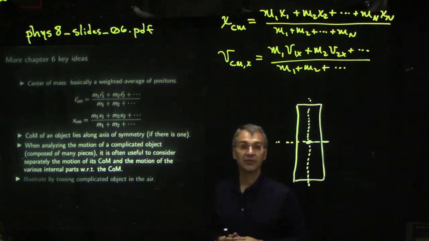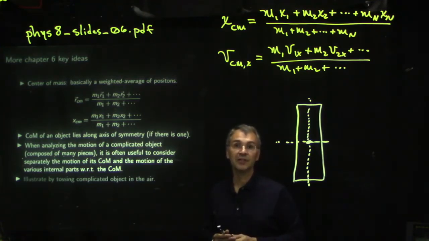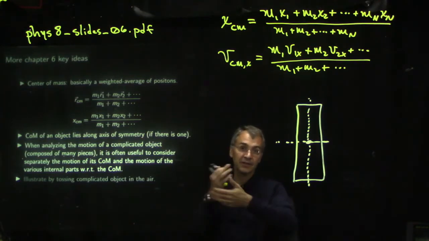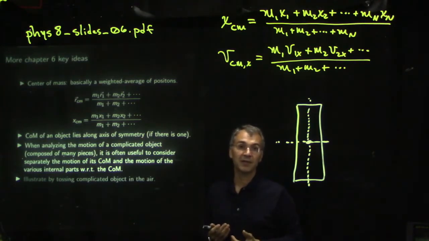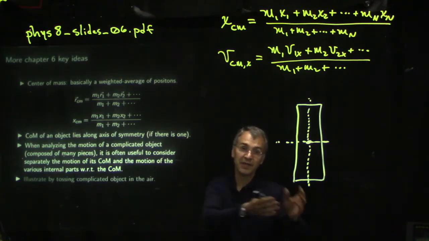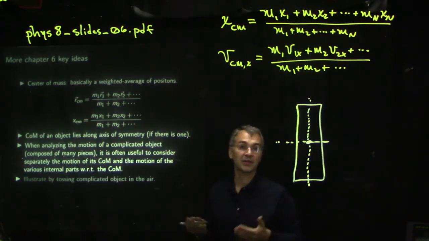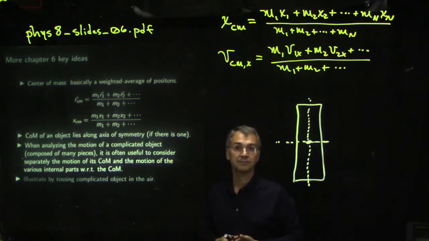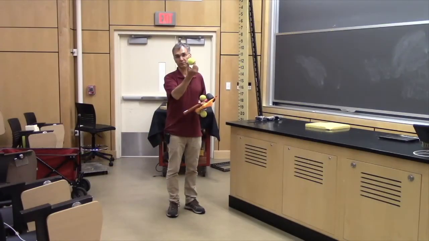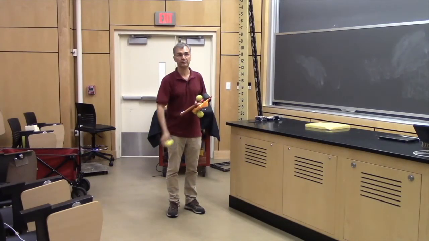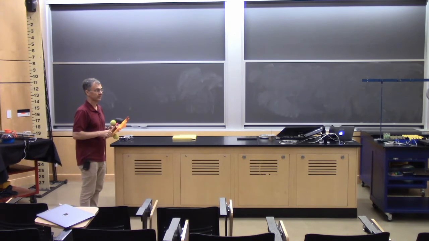And I have an illustration of this, tossing a complicated object in the air. You'll see that even though the constituent parts of the object may travel in some complicated motion, the center of mass of the object follows the same familiar arc that, say, a baseball would follow. So here's an ordinary ball, which we're accustomed to seeing move in a fairly simple way.